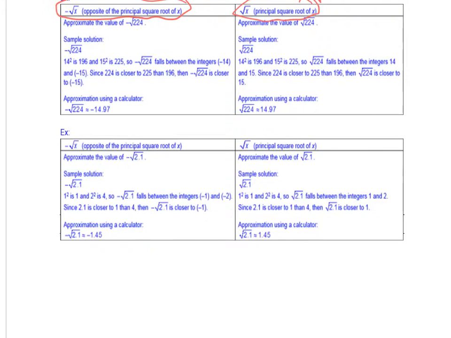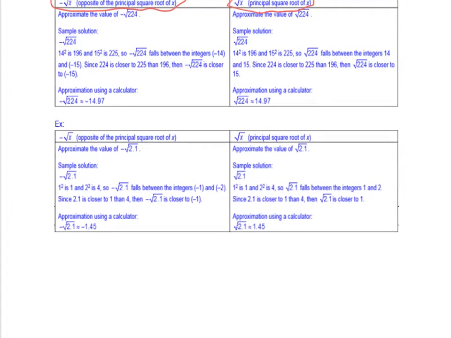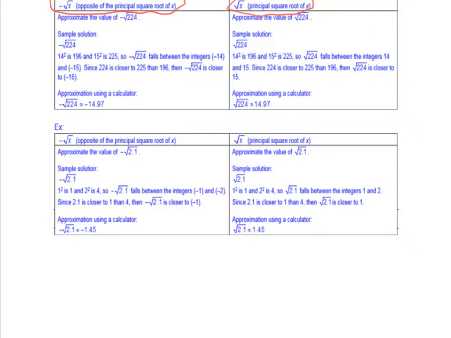So to approximate the value of the square root of 2.1, if we just look at it without the negative, guys, we're looking at where 2.1 falls on the number line. Well, we know 1 times 1 is 1, and 2 times 2 is 4. So the square root of 2.1 falls between 1 and 2 on the number line. But remember, we also have these negatives, so we're talking about negative 1 and negative 2.